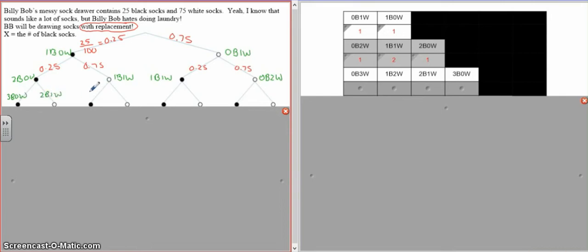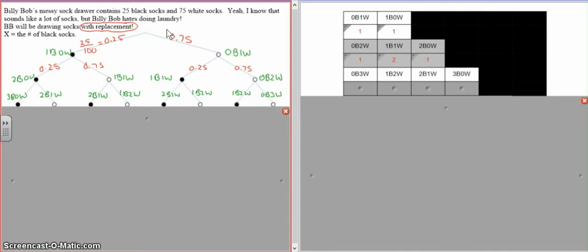This branch would be 2 black, 1 white. This one here would be 1 black, 2 white. This would be 2 black, 1 white. This would be 1 black, 2 white. This would be 1 black, 2 whites. And this would be no blacks, 3 whites.